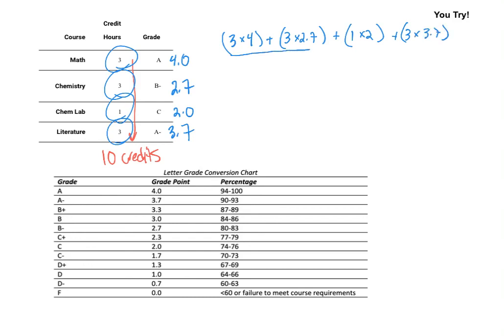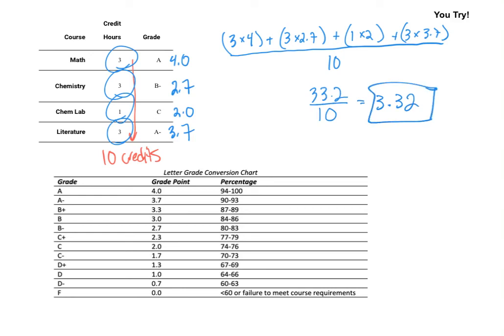And I'm going to divide that then by the sum of all the weights, in this case the total number of credits, which we get to be 10. So I'm going to go ahead and calculate the numerator, and it looks like I get 33.2. And I'm going to divide that by 10, so I get this to be exactly 3.32. This individual's GPA this semester was a 3.32.